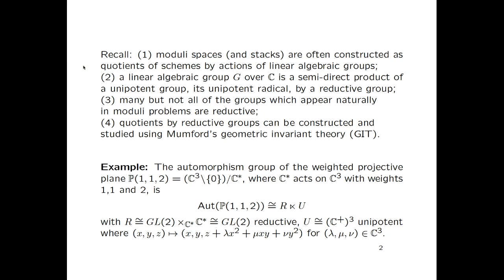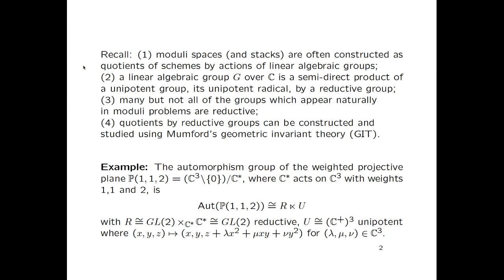If we're over C, at least, we can describe it as a semi-direct product. And many of the groups that appear in classical moduli problems are actually reductive groups, but not all of them. And if you want to quotient by a reductive group, then you can try to construct quotients and study them using Mumford's classical GIT.